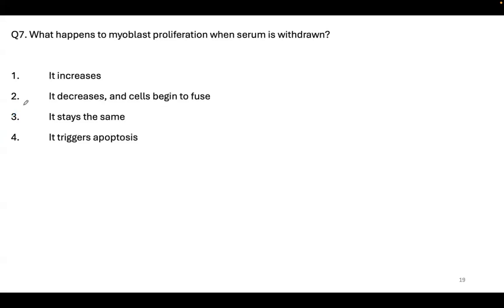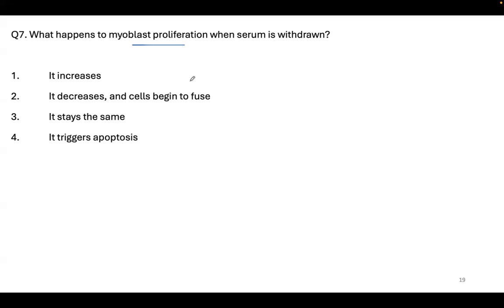All right, good. What happens to the myoblast when the serum is withdrawn? Initially, you have the serum, and the myoblast is proliferating. But what happens when the serum is withdrawn? We talked about the first case where there was a lot of proliferation, a lot of cell division, and then we talked about differentiation and fusing.